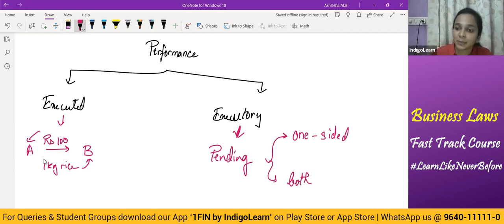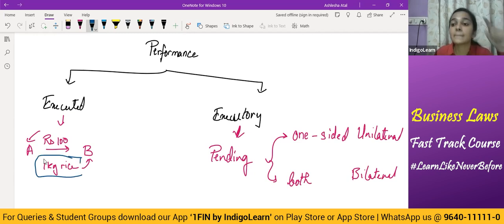So it can either be unilateral or bilateral. Now continuing with the same example of A and B. Say A has supplied 1 kg of rice, but B has not made the payment of rupees 100 yet. So the obligation of Mr. B is still pending. In such a situation, we will call that contract a unilateral contract.